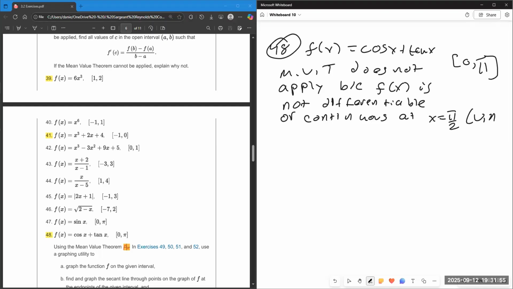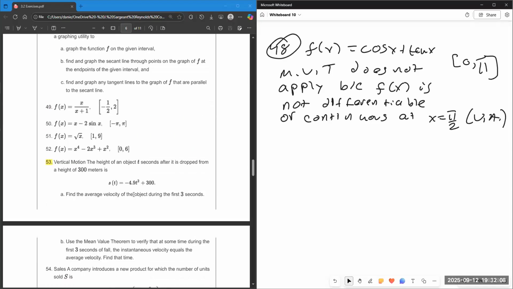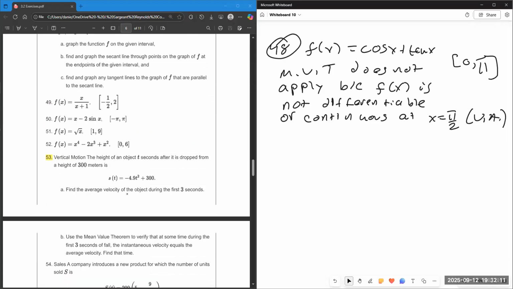There's a vertical asymptote there for tangent. Right? So let's go on to number 53.